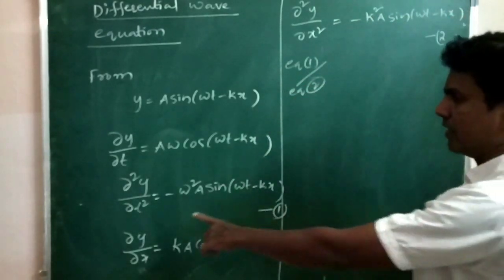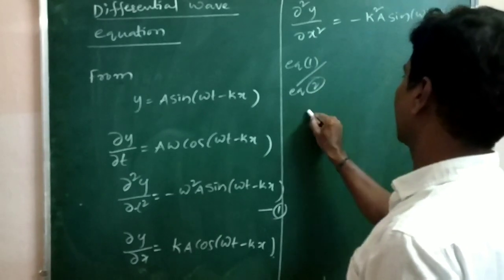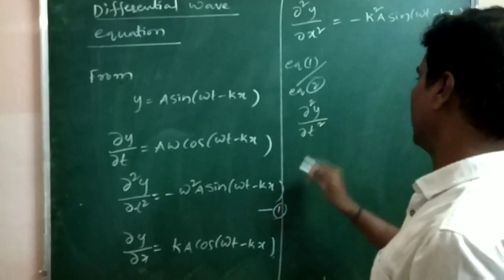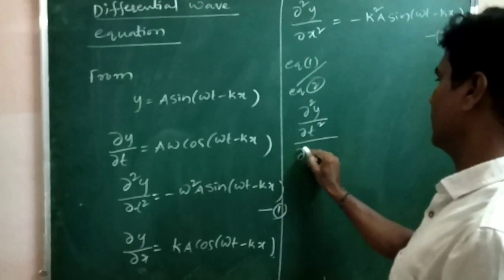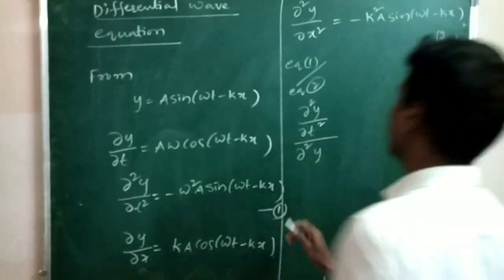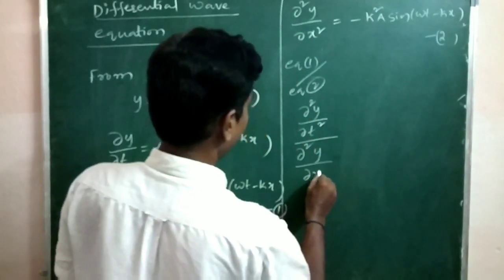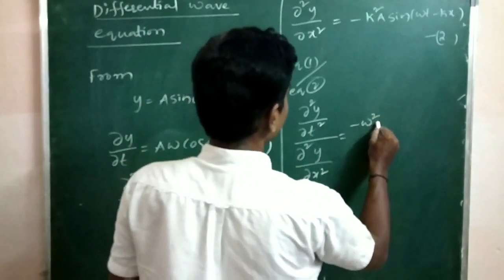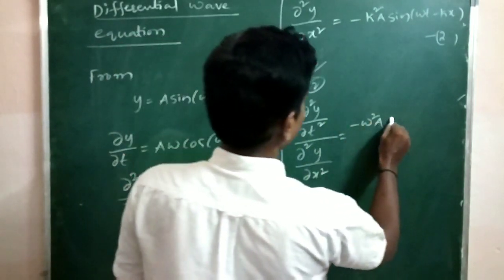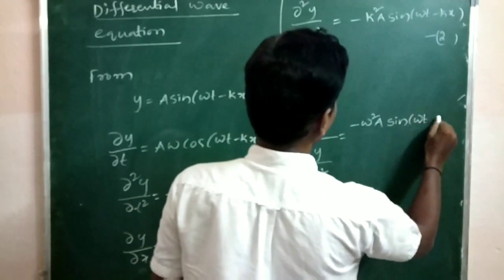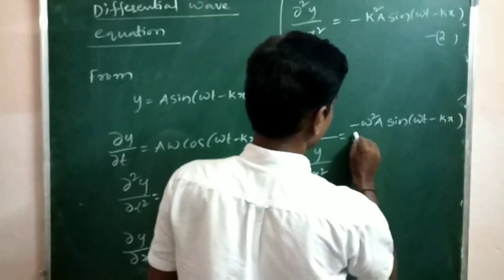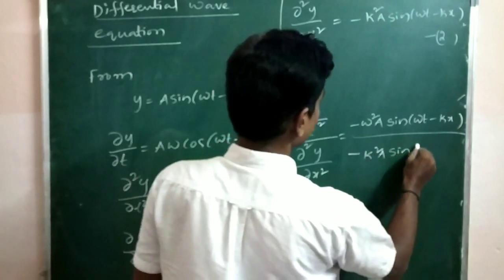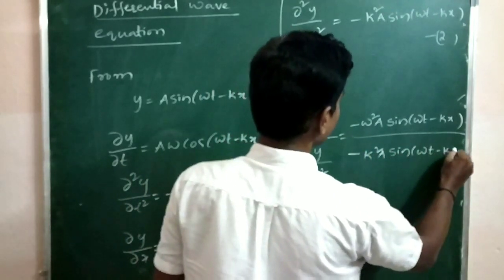So what is the first equation here? Del square y by del t square divided by del square y by del x square equals minus omega square a sin omega t minus kx divided by minus k square a sin omega t minus kx.